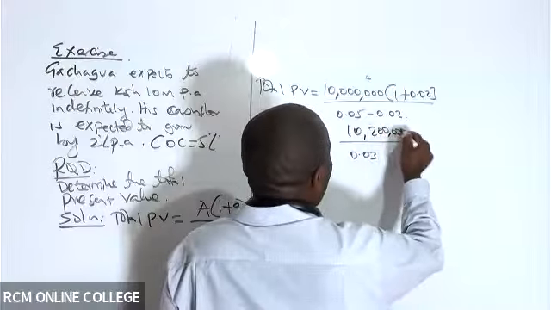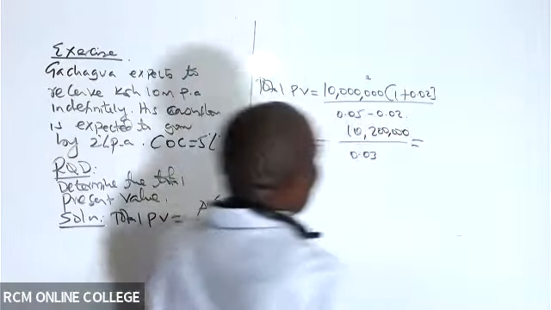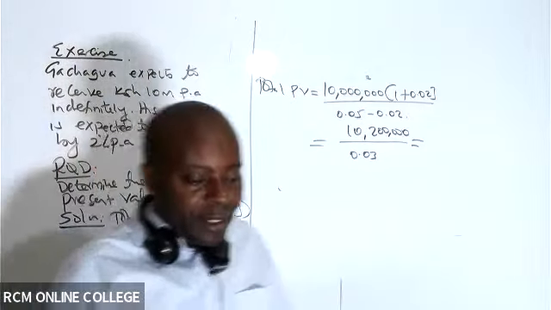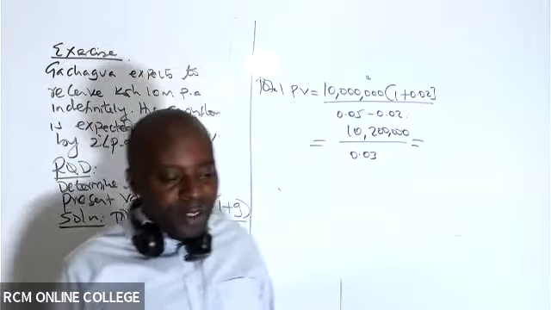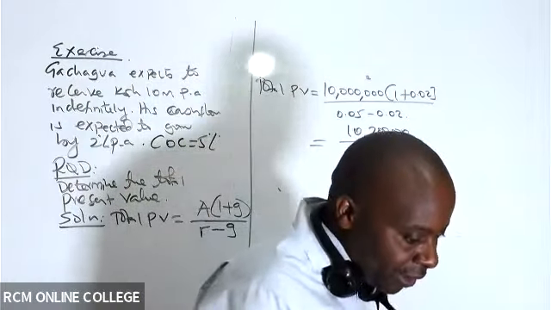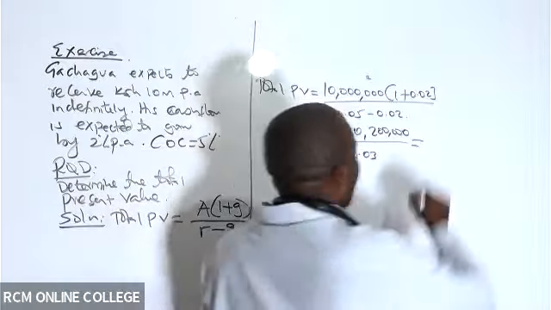Is there somebody who is able to give me this quite ugly figure? So we have 10,200,000 divided by 0.03. Somebody tells me it's not ugly actually, it is 340 million.